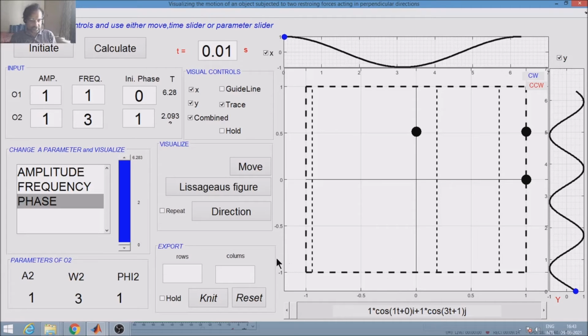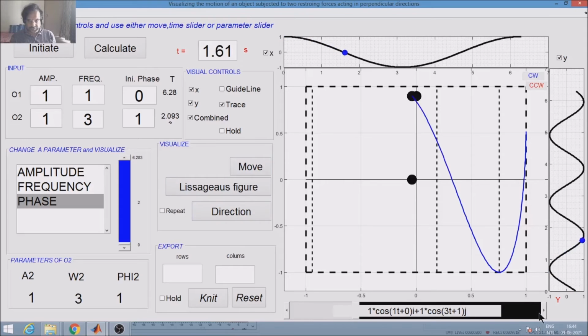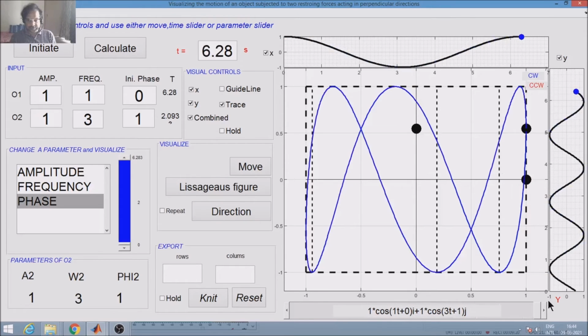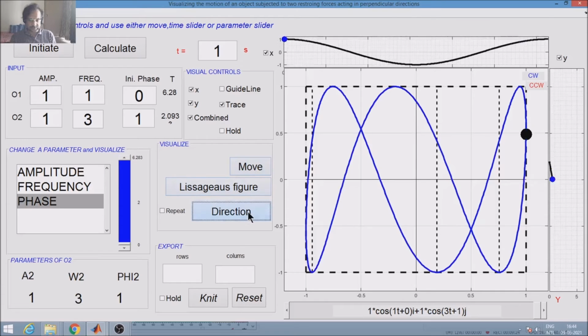So let's quickly draw that. So 3 times it has touched. This is how it goes. Second time it is touching.